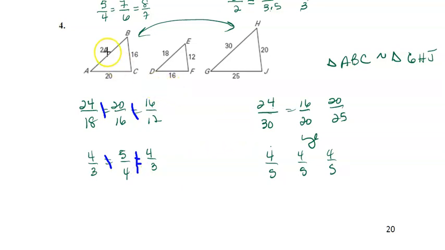If I compare the two far triangles, I'm getting 24 over 30 is to 16 over 20, just like this 20 is to 25. So is that true? And what I can say is yes, because look what happens. When I reduce all of them, they all reduce to what? 4/5.